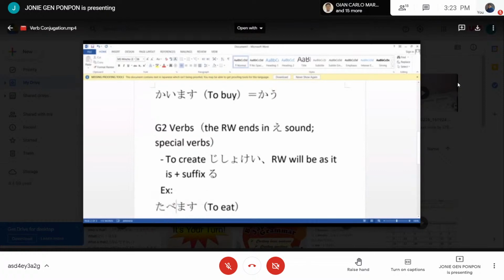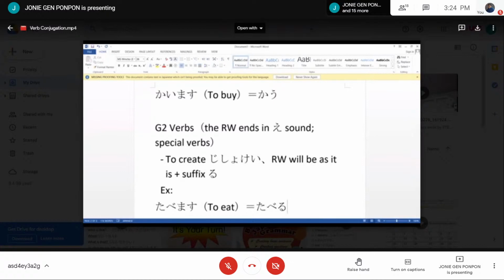Okay, so since it ends in e sound, it is considered as group 2 verbs. Now, to create its jisho form, okay, so root word will be as it is. Okay, so namamana lang yung tabe plus i-add mo lang yung ru. Okay, so the jisho form of tabemas is taberu.